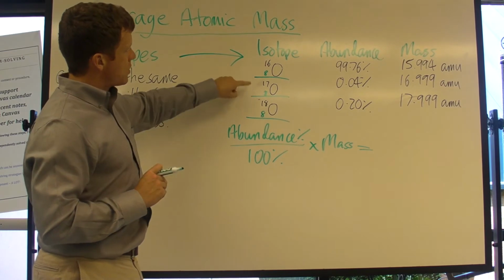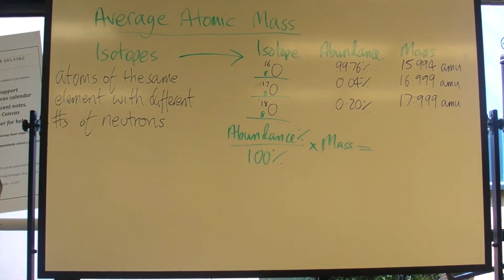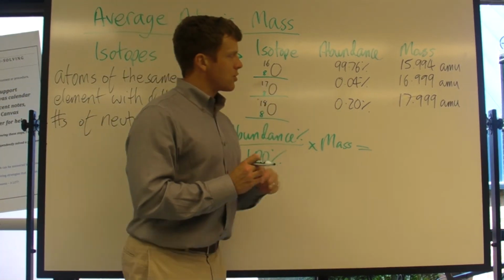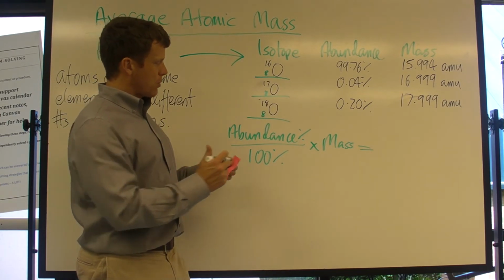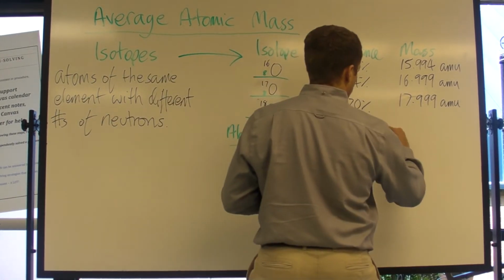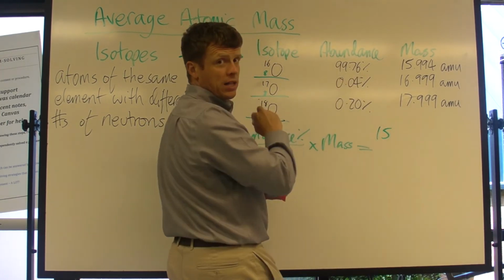And so with 3 isotopes, we'd have to do that 3 times. I actually did the math already just to save time. So with each of the isotopes, you end up with 3 values, and these numbers will go in the same order as the isotopes up here.